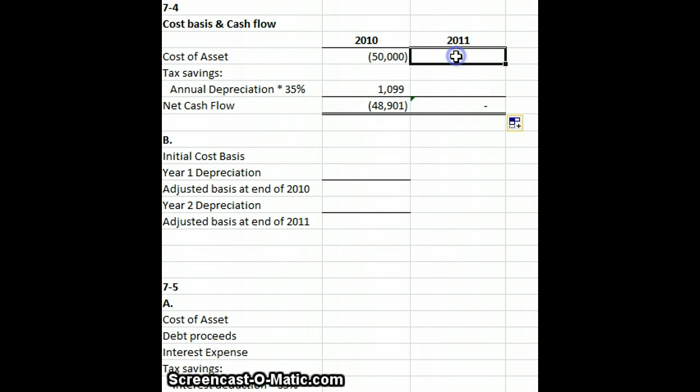For 2011, I've already paid for the asset, so there's no cash outflow there, but I do have my depreciation savings. So my depreciation was $7,200 times my marginal tax rate of 35% gives me a $2,520 net cash savings. So it's an increased cash flow in year 2 from the savings on that cost deduction.